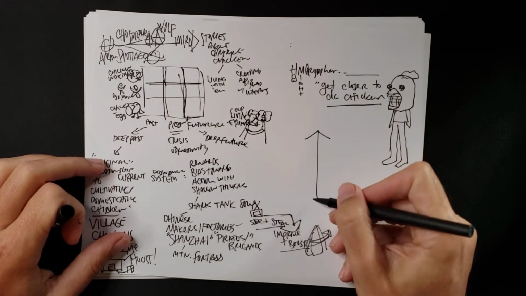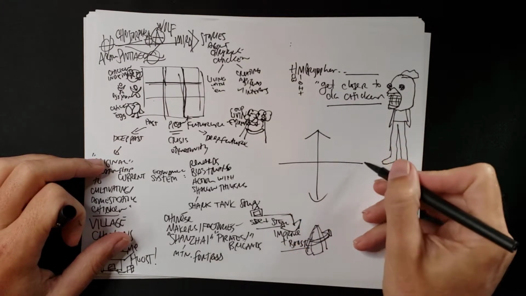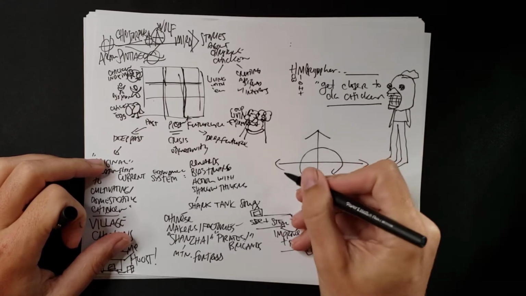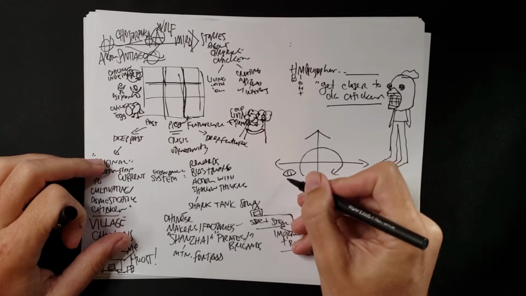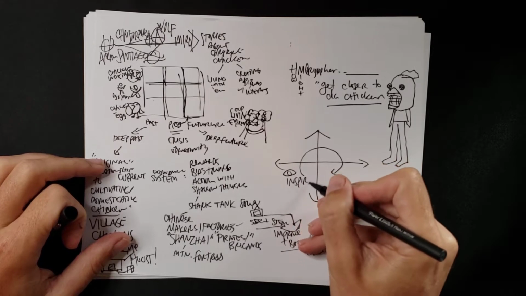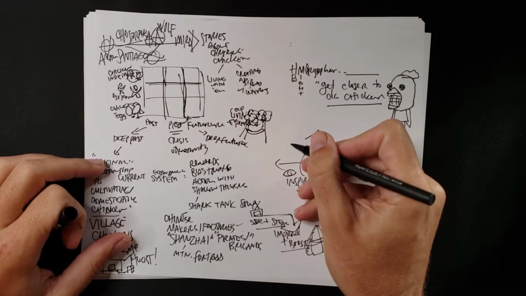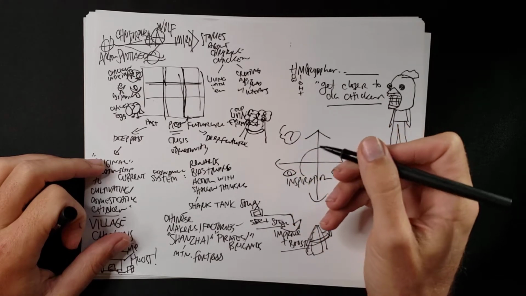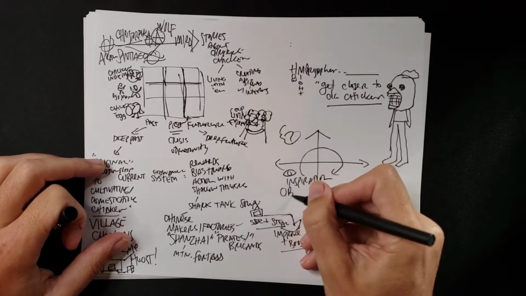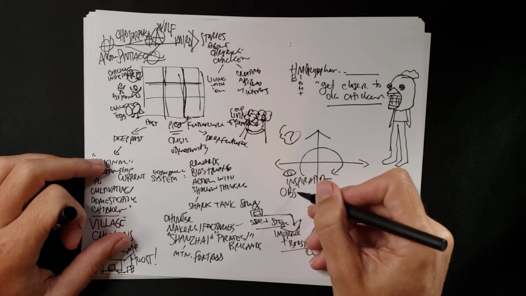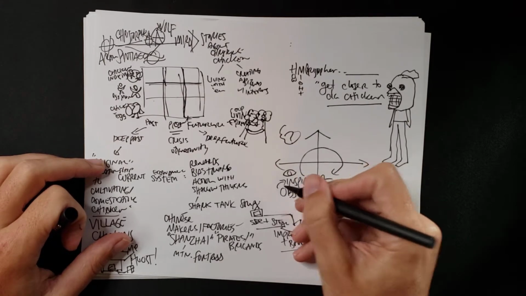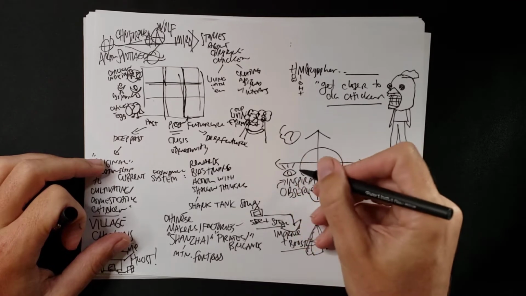I shared with you one view of design thinking, which is the Innovators Compass, going from inspiration to, first you observe, which leads to inspiration.